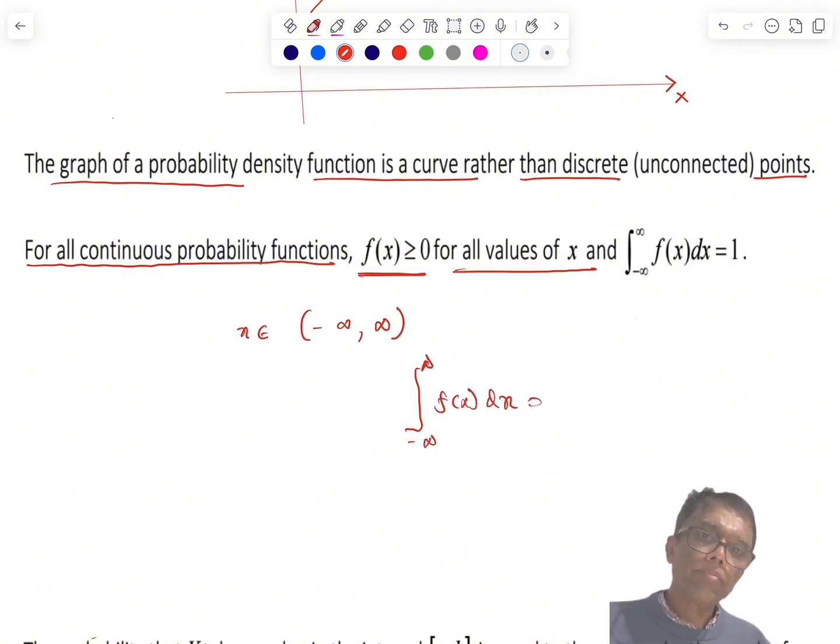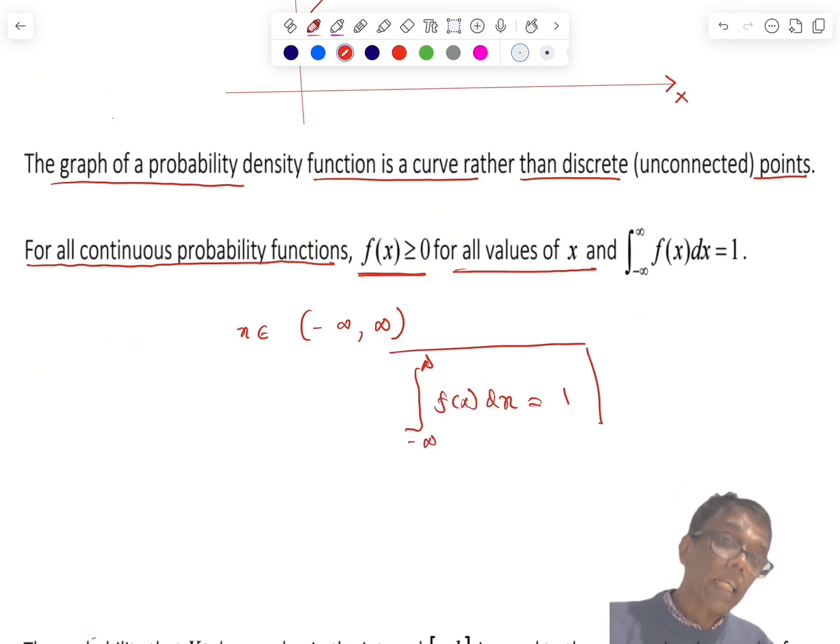We know that this is the total probability of that particular event.